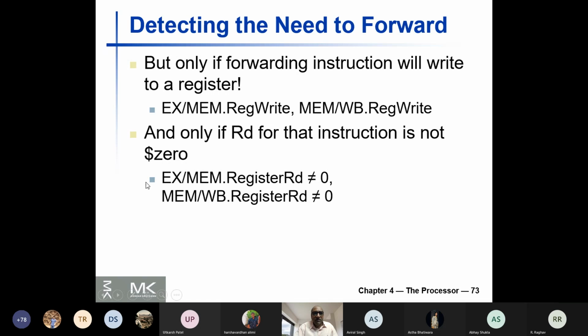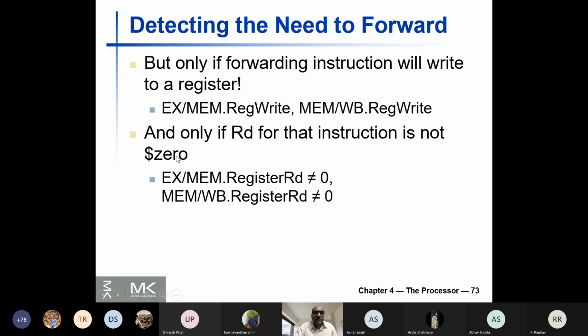One more thing is that the destination register must not be the zero register. If the destination register is the zero register, what happens if you try to forward it? The value may be different. When you put a value into any other destination register, whatever value you store will be retained there.